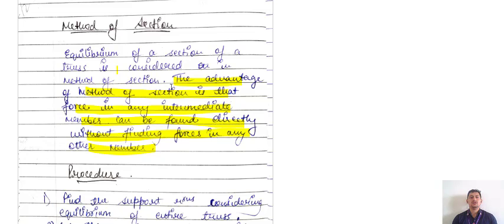Now here, if you have been asked to calculate the forces in certain members, then you will apply the method of section by cutting the members using an imaginary section line. The advantage is that you can find the specific forces in the members, and intermediate member forces can be found directly without finding the other member forces.